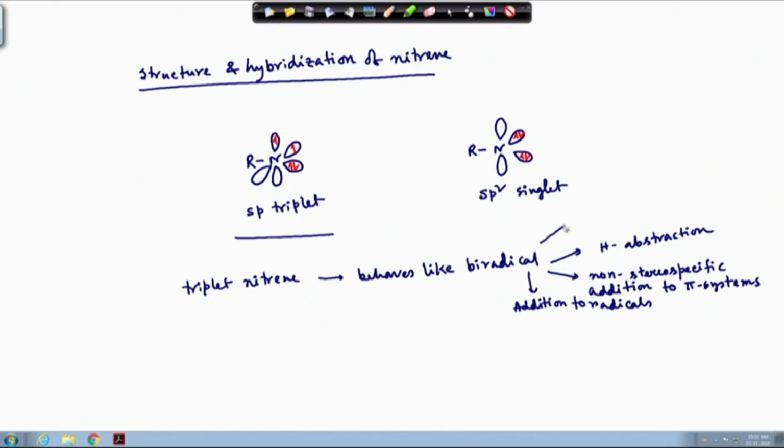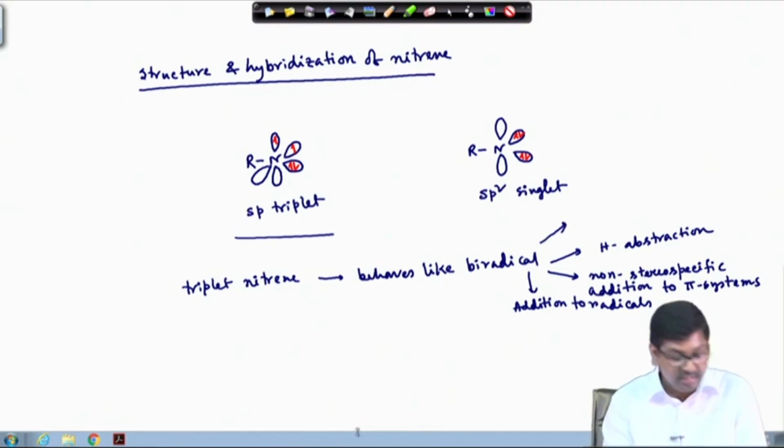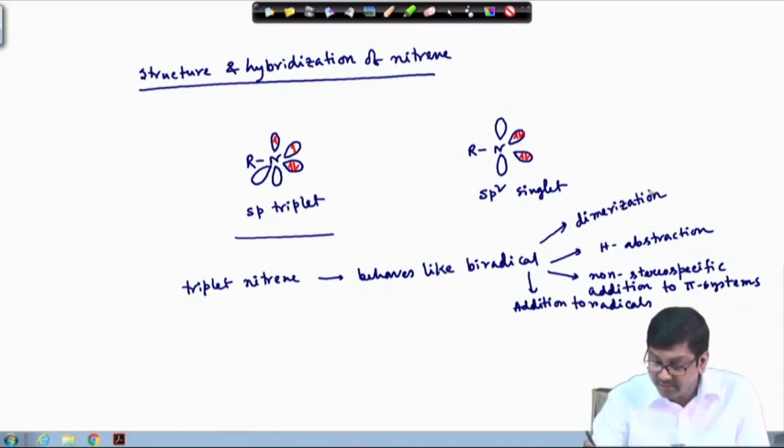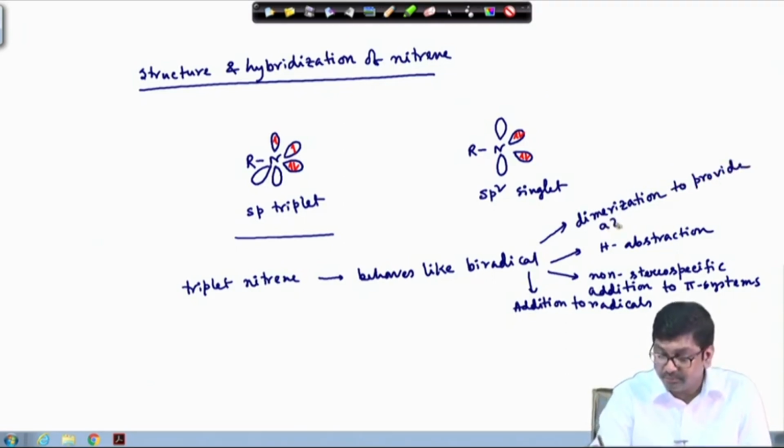So, another reaction that is possible from these triplet nitrenes is the dimerization of the nitrenes to provide azo compounds.